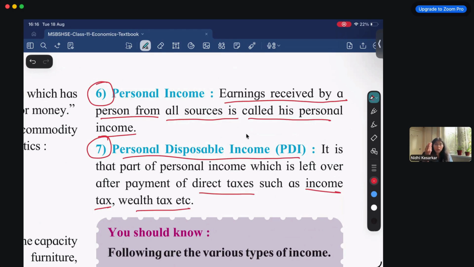So when you take your personal income minus your payments such as taxes, what you are left with is your personal disposable income. Let's read the definition once. It is that part of personal income which is left over after payment of direct taxes such as income tax, wealth tax, etc. All right.